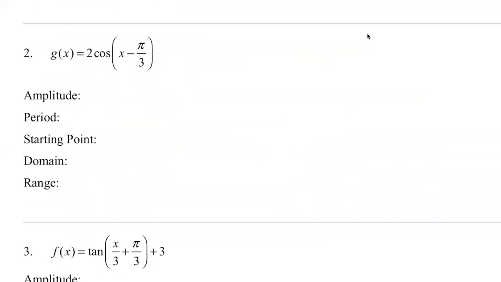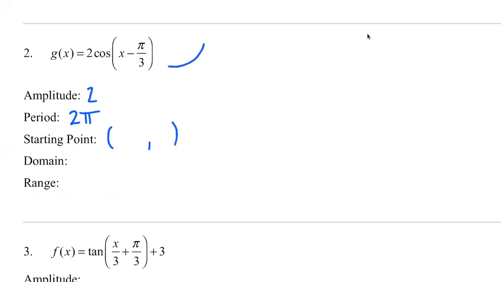Let's talk about graph number 2. Since our A value is 2, we're going to identify the amplitude to be 2. It does not appear that we have a coefficient other than 1 for our B value, so the period remains at 2 pi.